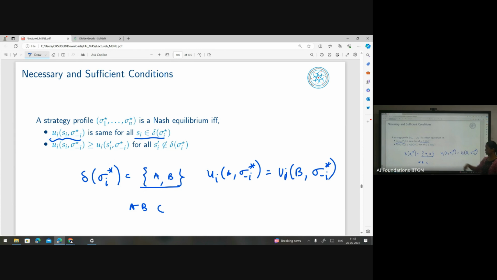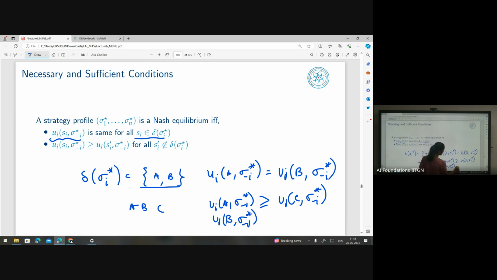That's the first condition. The other condition is that the utility that I get by playing A should be at least as much as the utility that I get by playing C, because C is not in my support. And similarly for B, even B should be giving me at least as much utility as C. This is the other condition.